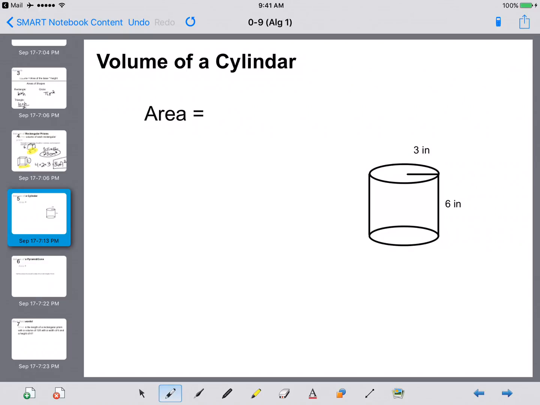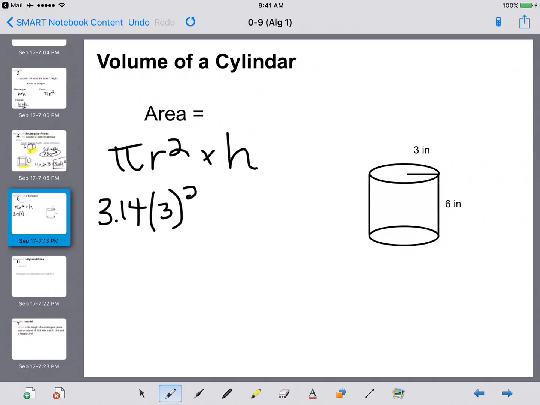Now we have the volume of a cylinder. So our area is the area of the base, so in a volume that's pi r squared times the height. Pi we can put as 3.14 times our radius of 3 squared times the height of 6.